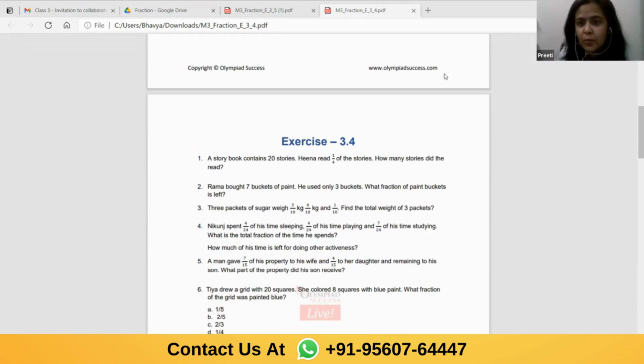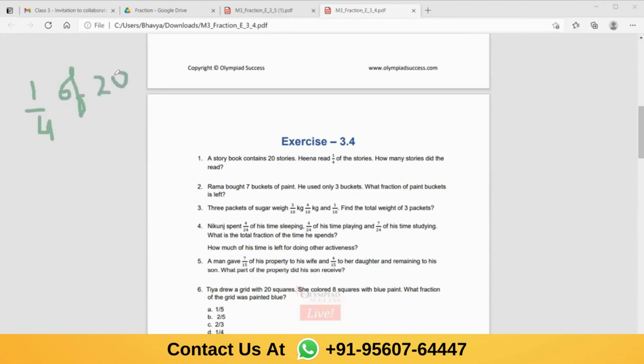Okay, I'll tell you how. Look here. It is saying that a storybook contains 20 stories and Hina has read only 1/4 of the stories. So how many stories did she read? She has read 1/4 of 20. Now Zaira, of means multiplication.